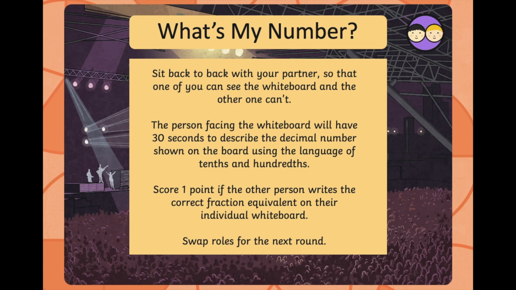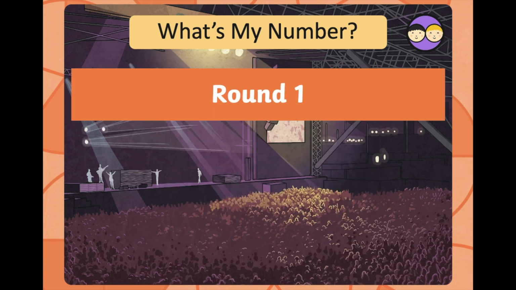The person facing away will have a whiteboard or a piece of paper, and you'll score 1 point if the other person writes the correct fraction equivalent on their piece of paper or whiteboard. And then you swap roles for the next round. Hope that makes sense. So this is your first number, round 1.